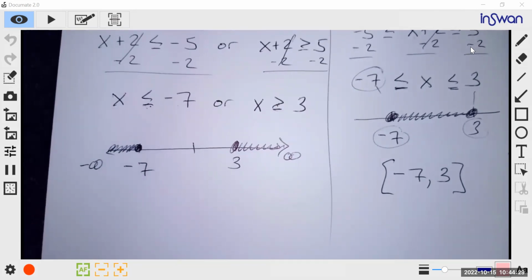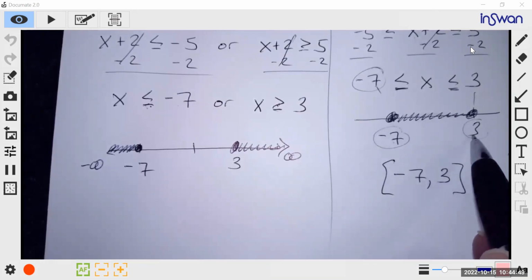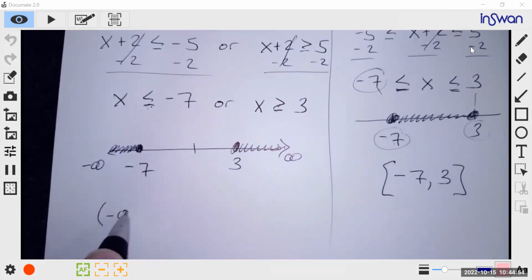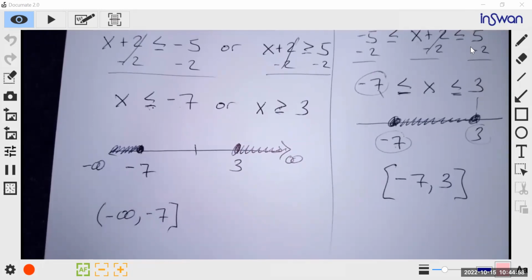What would be the interval notation for this one? Remember, interval notation always looks at where the x's are, and goes to the beginning and end point. And it's a bracket. Very good.